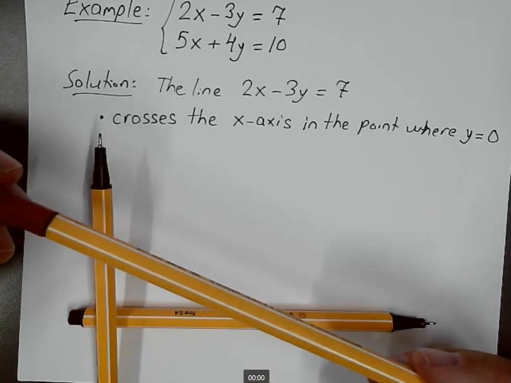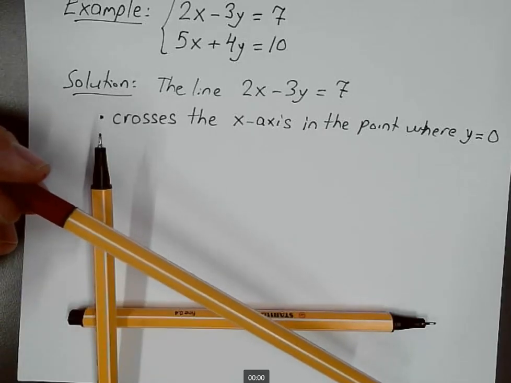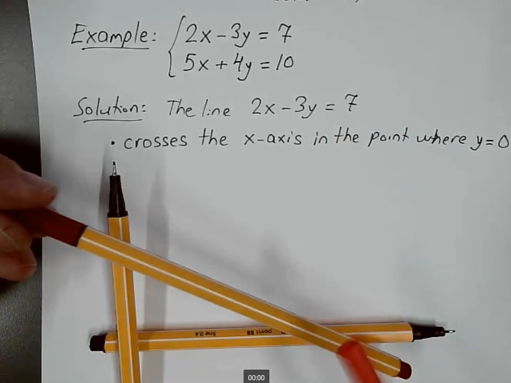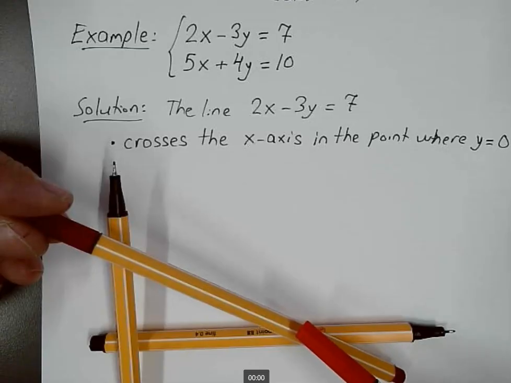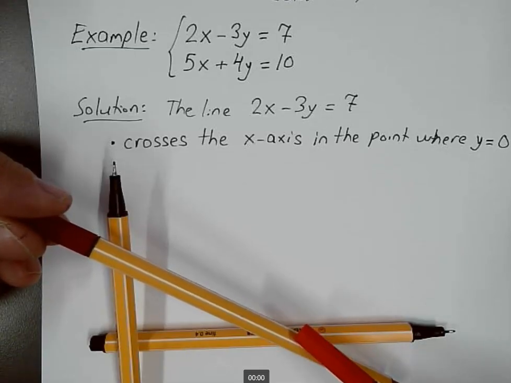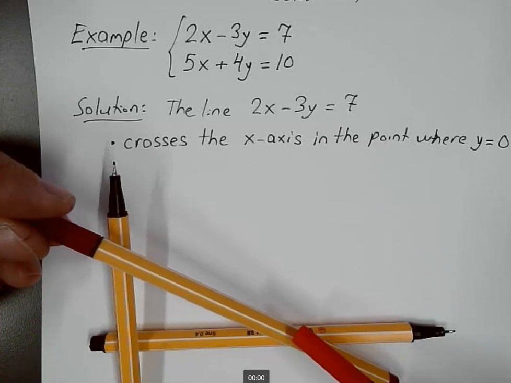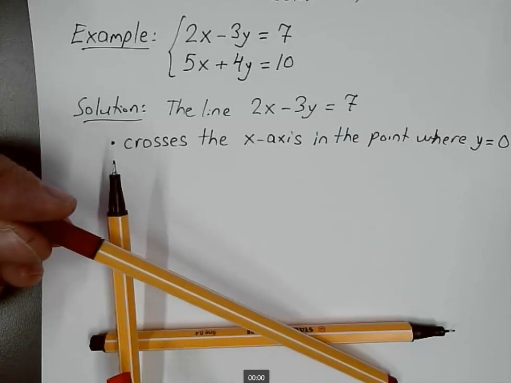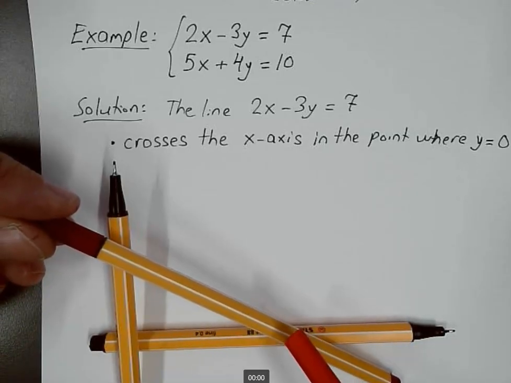And now when I am calculating the point where this line crosses the x-axis, in my picture it would be somewhere here. When it crosses the x-axis, that means the y-coordinate of that point must be 0, because on this horizontal line the y coordinates are always 0.